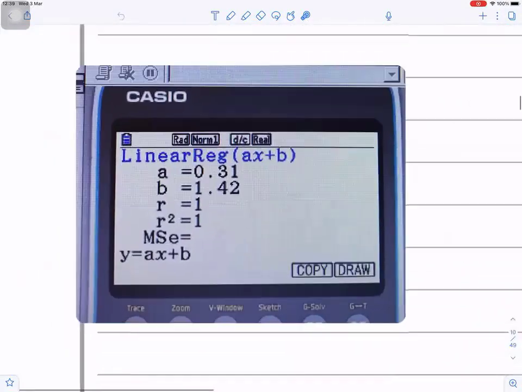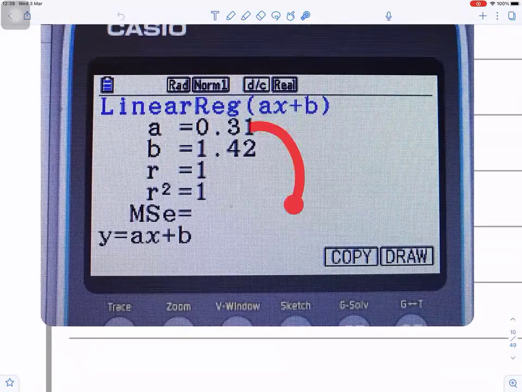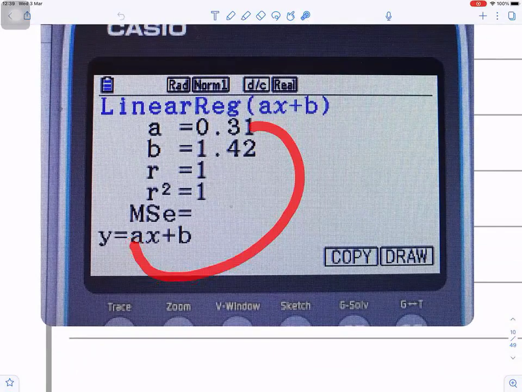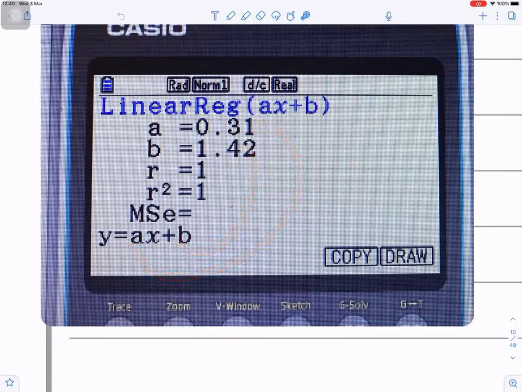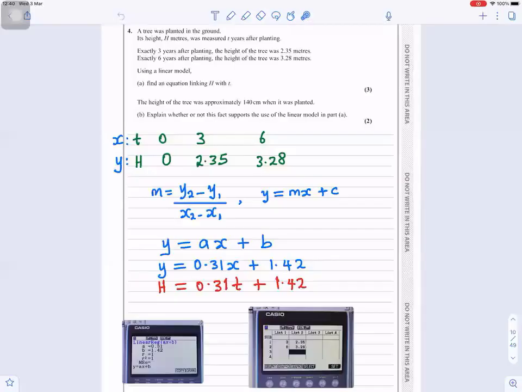That's where that comes from. So the 0.31 comes from there, and the 1.42, the intercept on the y-axis, comes from there. So that's how you get that without even working out the calculation using the algebraic method. Or you can work out the gradient, or find c, and you will still get the same thing.